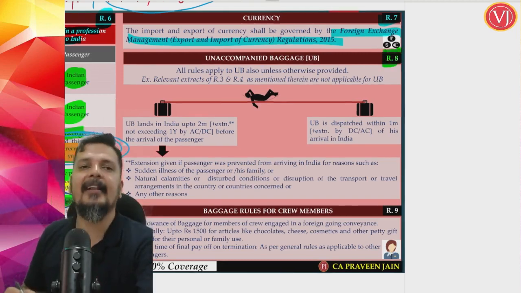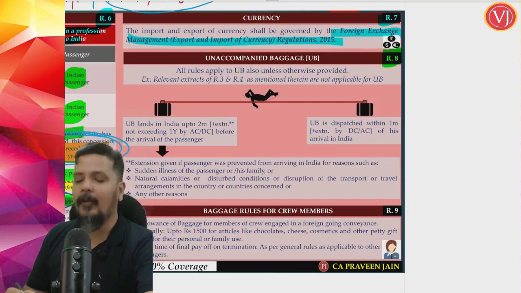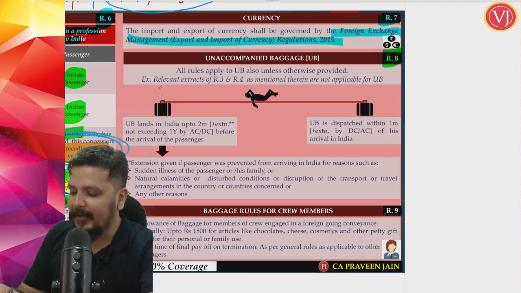Rule 8 basically tells that the benefit of all the exemptions, rules 3, 4, 5, 6, is only for accompanied baggage. It is not for unaccompanied baggage. But it gives a relaxation.